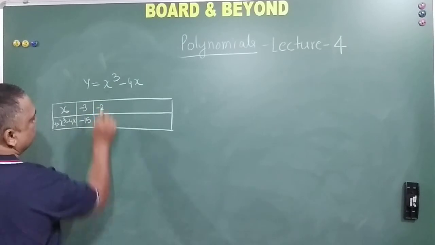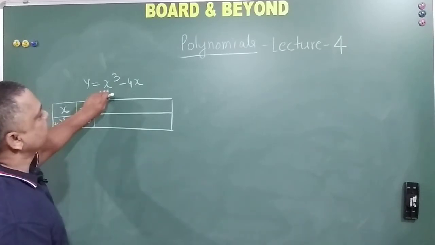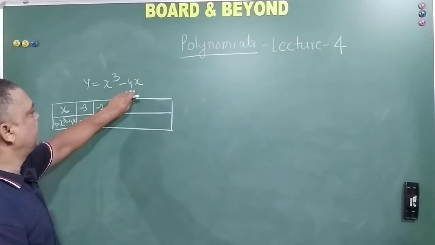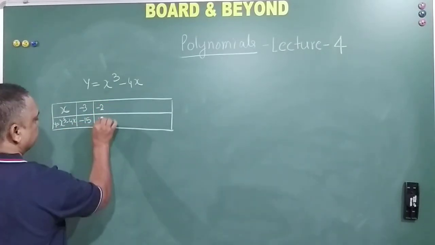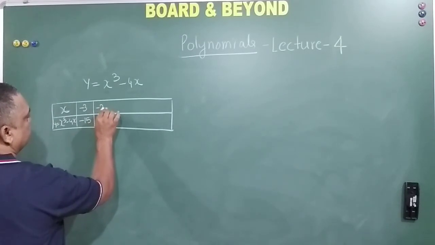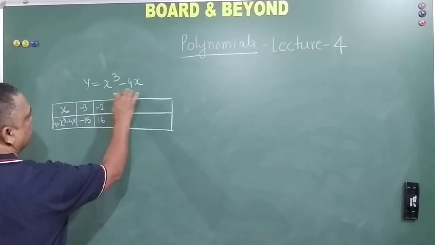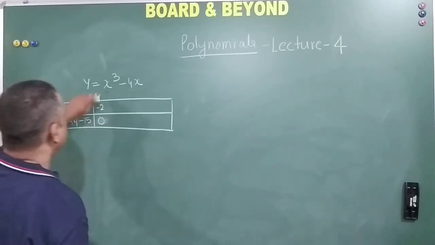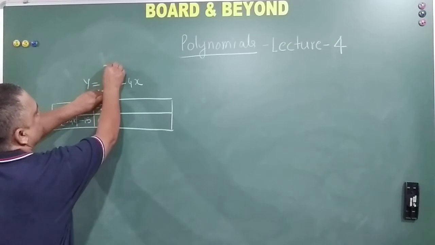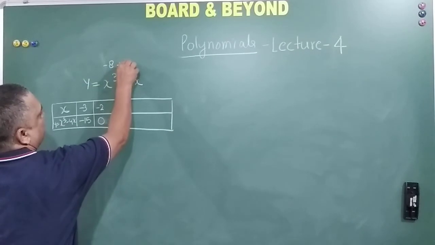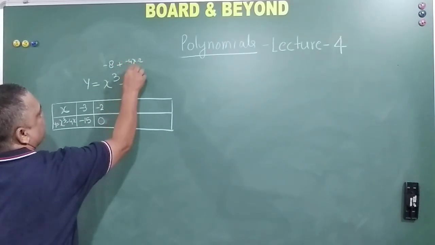Let's take x is equal to minus 2. What happens? This becomes minus 8, and minus 4 into minus 2 is plus 8.